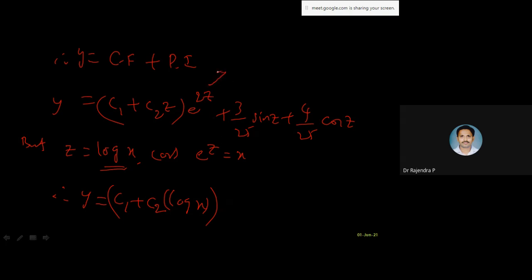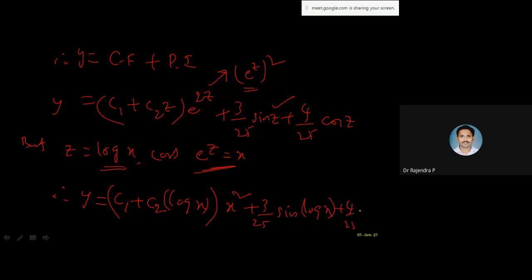E power z means x, so I can write x square, plus 3 by 25 sin of log x, plus 4 by 25 cos of log x. All you have to write in terms of x.